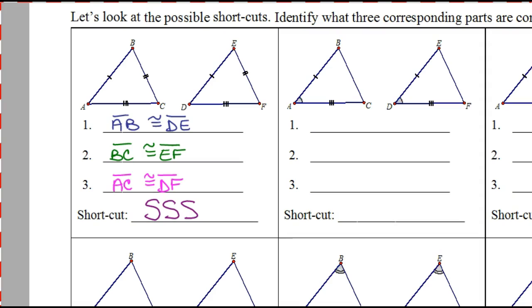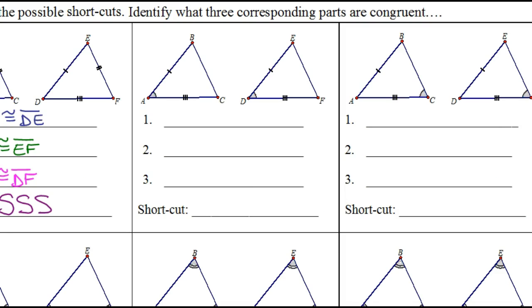So, is it possible that if you know all 3 sets of sides are congruent, that is enough to prove that the two triangles are congruent without knowing anything about the angles? Let's look at the next example. Write down all 3 sets of corresponding parts.